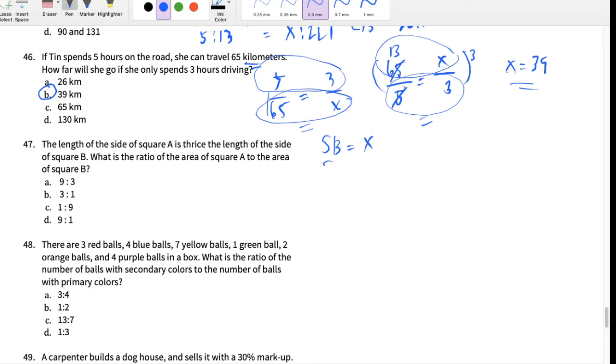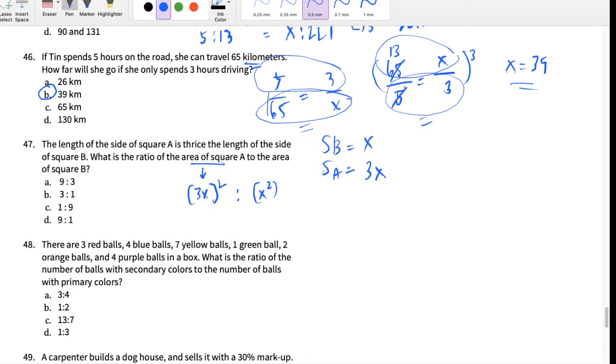So, the side of A should be equal to thrice the length of B. So, 3 times X. Okay. What is the area of square A? That's equal to 3X squared. Okay? What is the area of square B? X squared. Okay? Because the area of a square is just length of side times length of side.